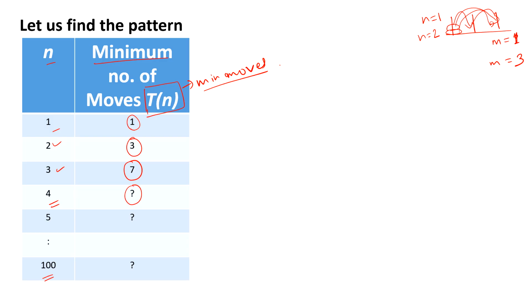Naturally, we can identify a pattern over here. Could you tell me that pattern? That pattern is clearly saying whenever you are trying to find the minimum number of moves for an n disk problem, you just refer to the previous answer for the previous number of disks, and don't you think that it is going to be something like this? It is going to be T of n equals 2 times T of n minus 1, plus 1.